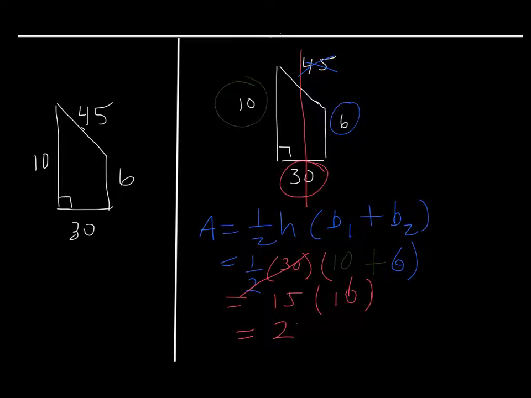No, that can't be right. 150 plus 80, not 75, would give me 230. So 230 units. Okay, so that's another trapezoid shape, but it's done basically the same way.